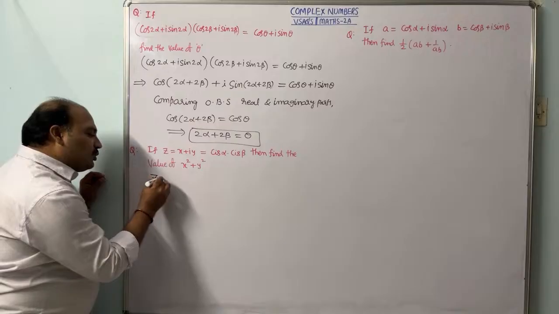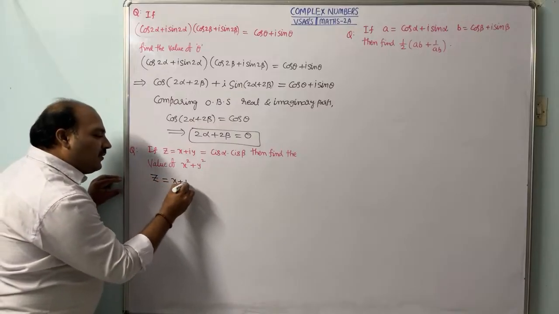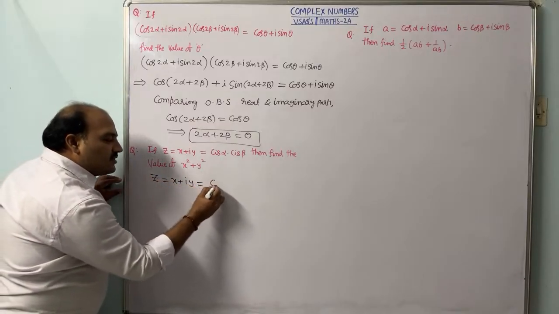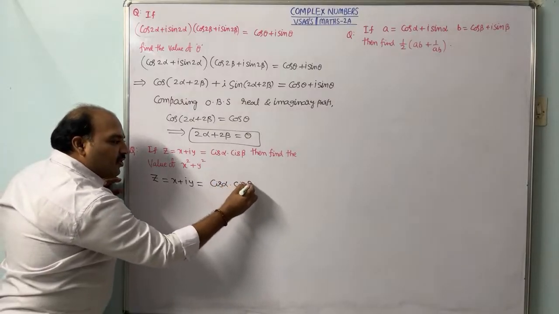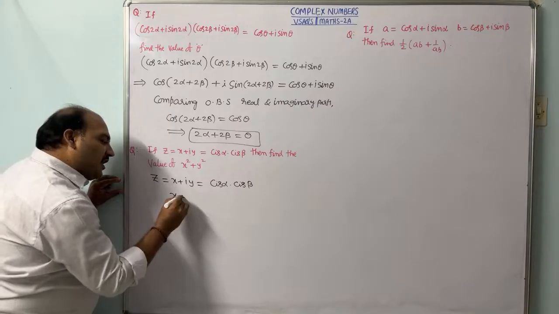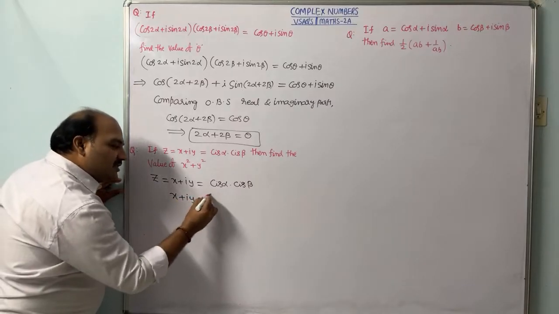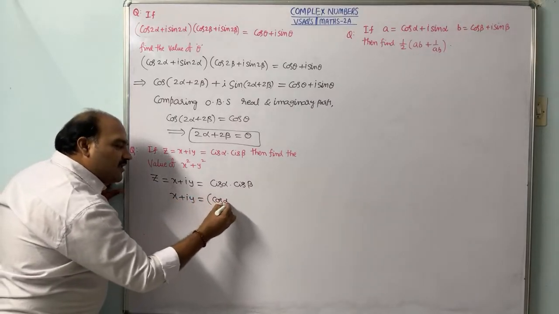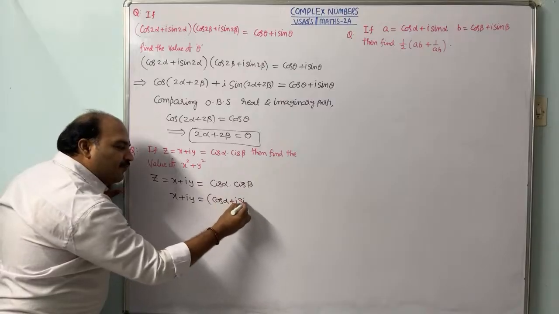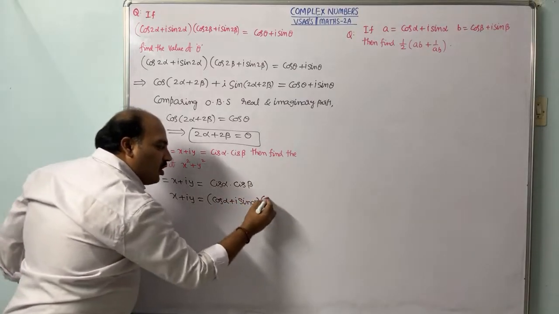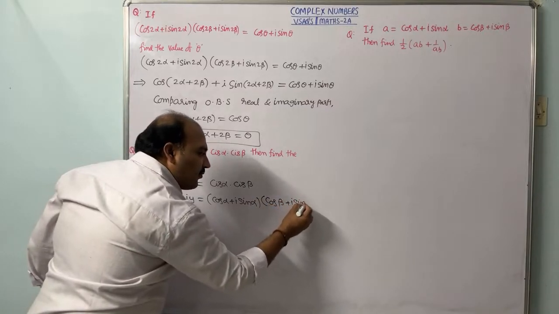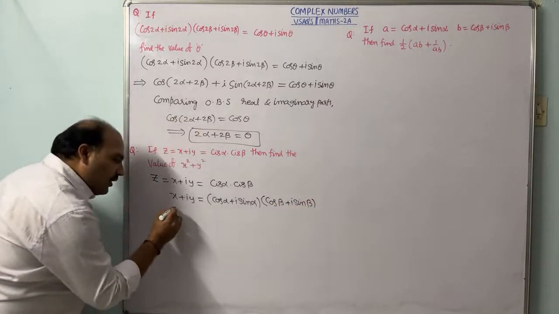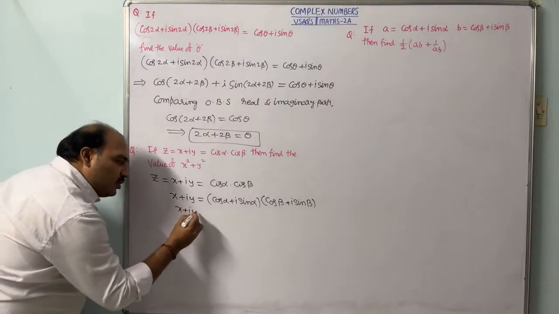z = x + iy = cis α into cis β. So x + iy is equal to cis α, means (cos α + i sin α) into (cos β + i sin β).